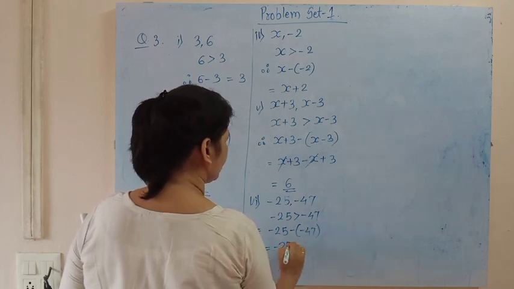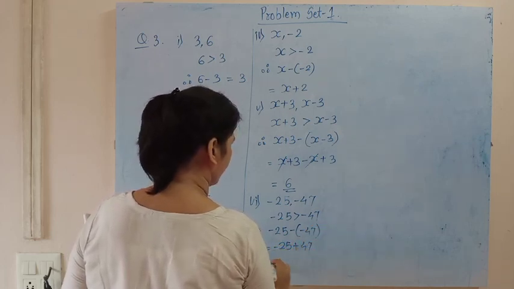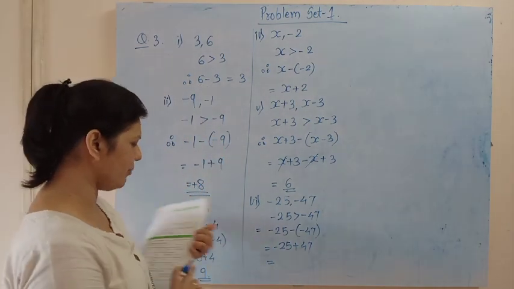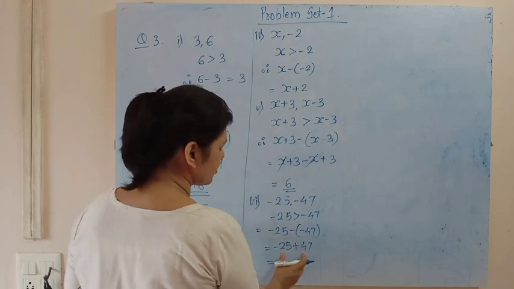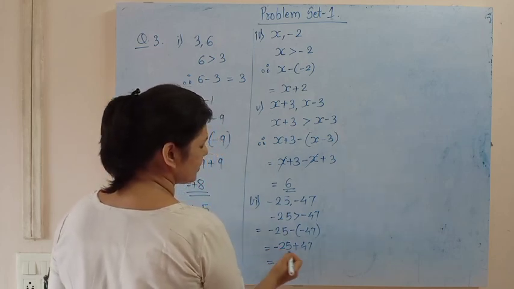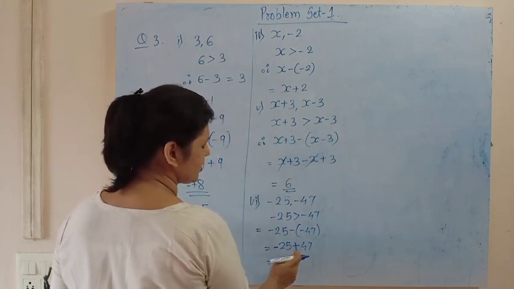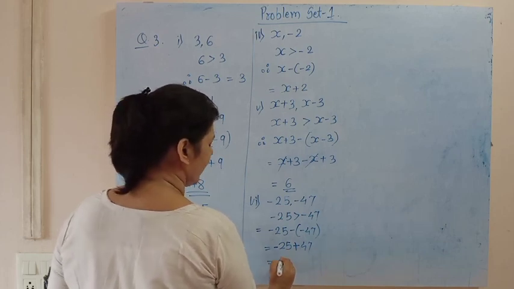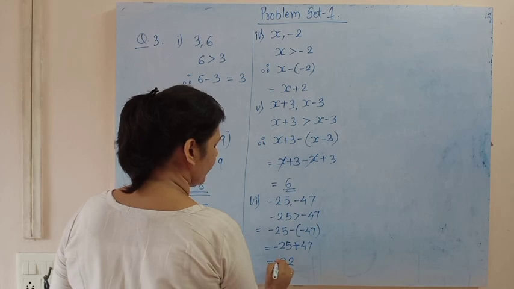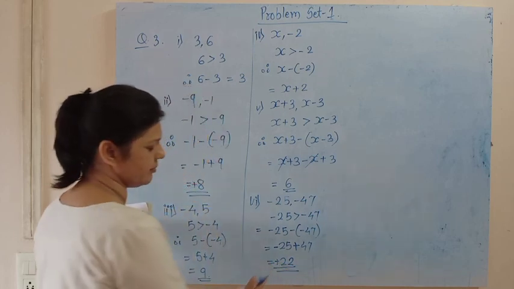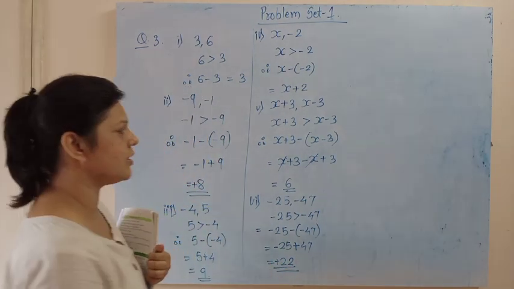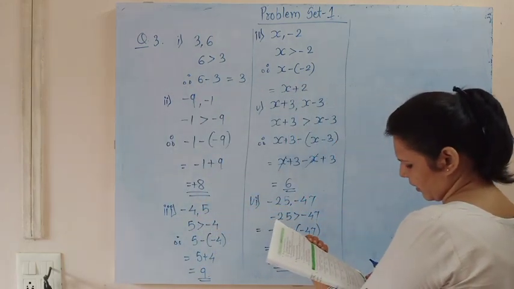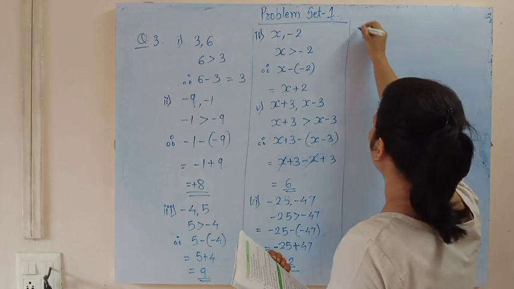So -25 positive 47. So here one number is negative, another number is positive. So carry out subtraction of the numbers, that is 22, and give it the sign of bigger number. So positive 22.